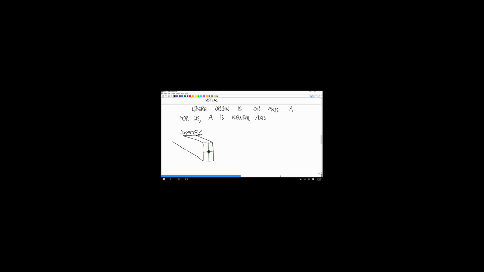So we can call that the origin. Then the z-axis is this way, the y-axis is this way, and the z-axis is our neutral axis.